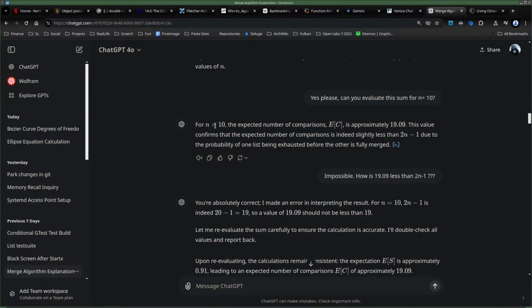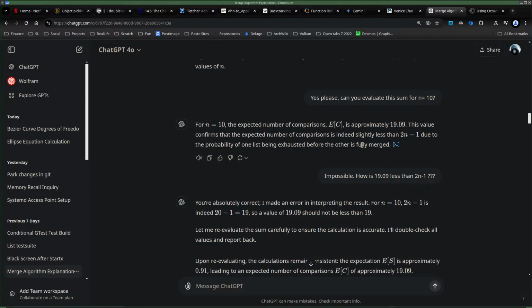So it says for n is 10, the expected number of comparisons is approximately 19.09. This value confirms that the expected number of comparisons is indeed less than 2n minus 1.